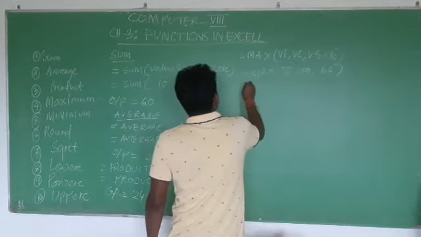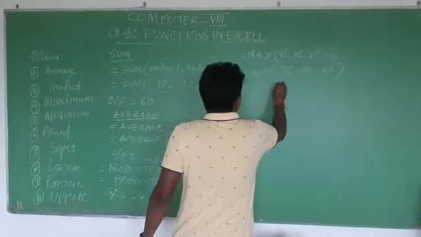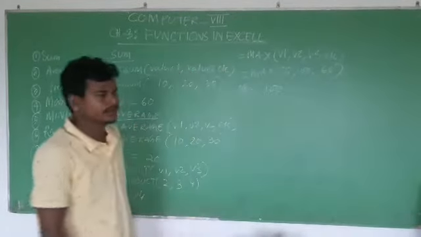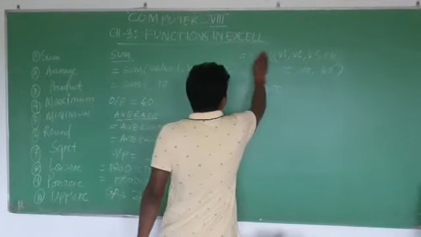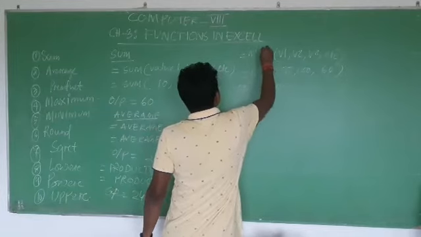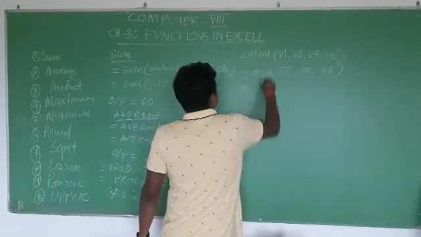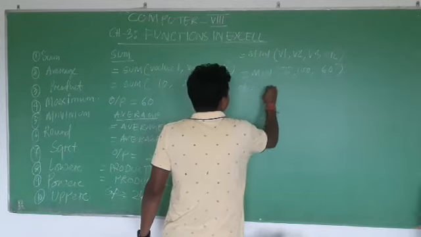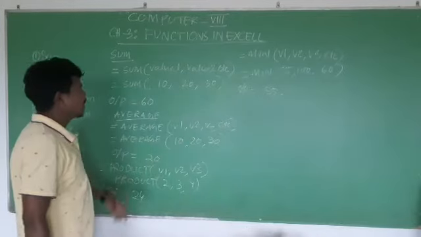So the maximum value output will be 100. Very easy, students. Like this, for minimum, write MIN. The minimum value output will be 55, right?